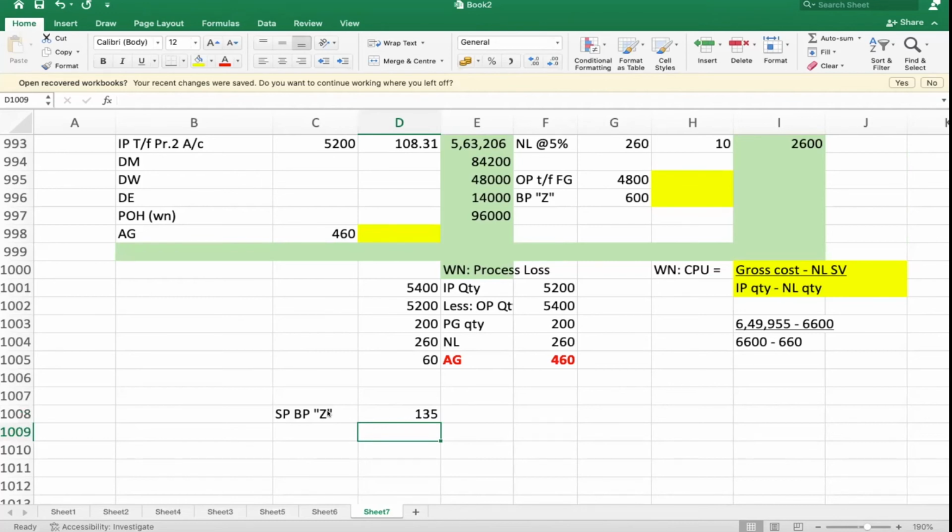To do the further processing, they are incurring further processing cost. How much is the further processing cost incurred by the company? Which is given in this question. Kindly go through the question. Read the first paragraph. 85 per unit.